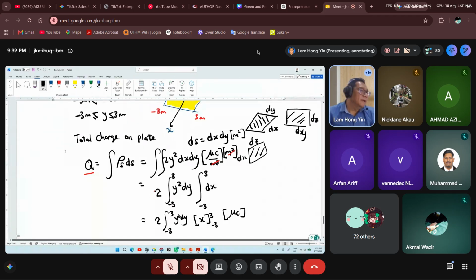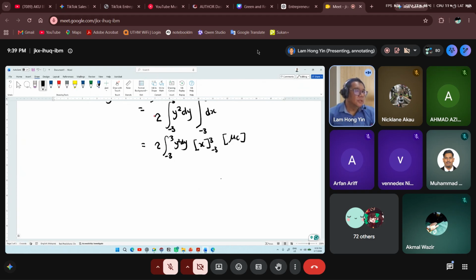So 3 minus -3, minus minus plus, becomes 6. So 6 multiplied with 2, and then you continue to integrate y square dy, you have y power of 3 divided by 3, right? And then you have 3 and -3. The unit is microcoulombs.